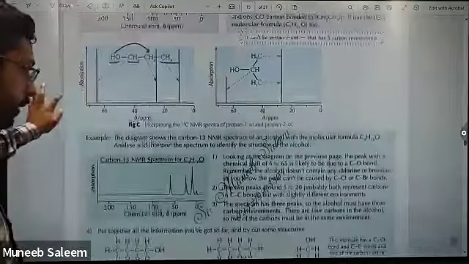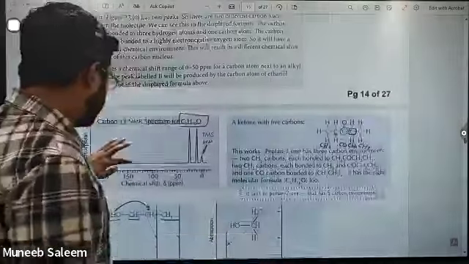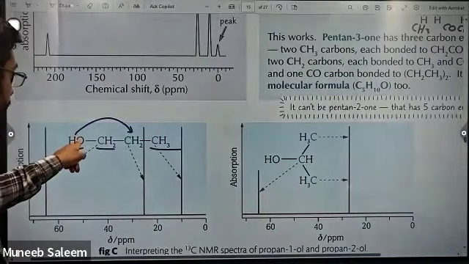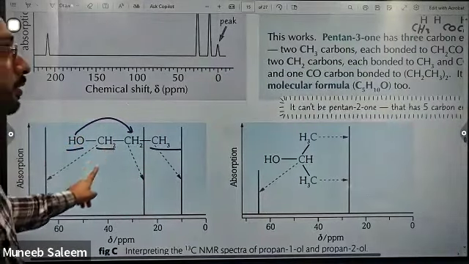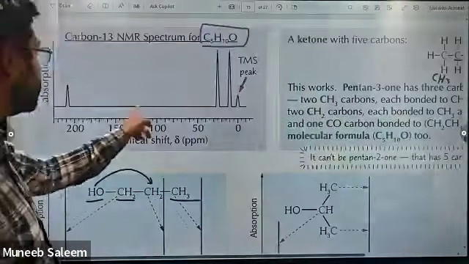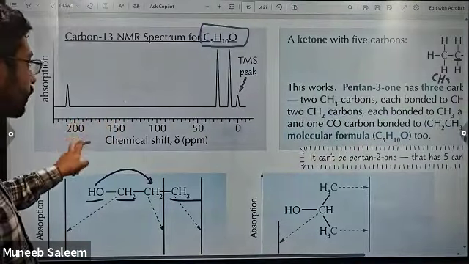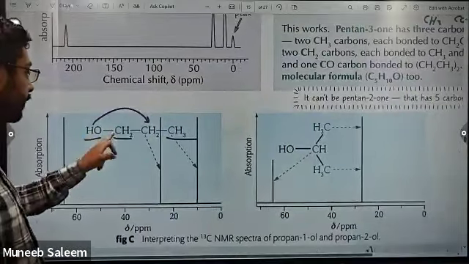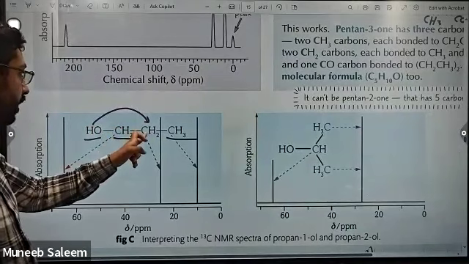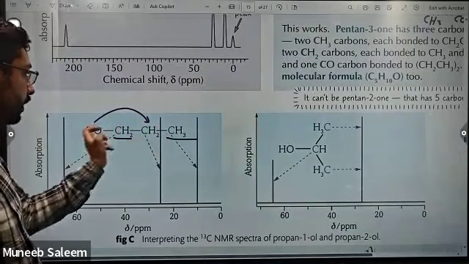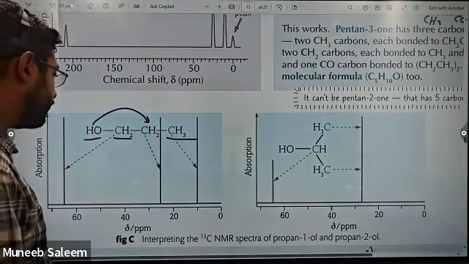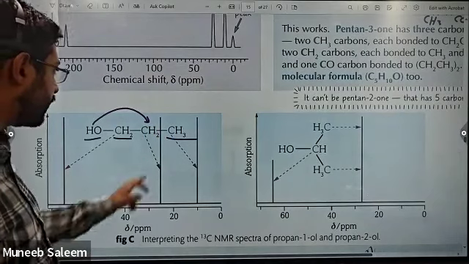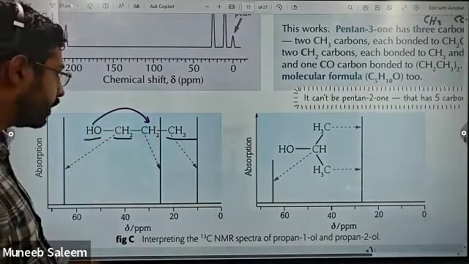Now, for this purpose, I will go back. I need to check one carbon atom which is bonded with the oxygen atom. We have already seen the peak for the carbonyl group. Now I will check one carbon which is next to the oxygen, and this carbon which is bonded with the alkyl groups on either side, left and right side, and then this carbon is bonded again to the alkyl group, but this will have a distance far from the oxygen.